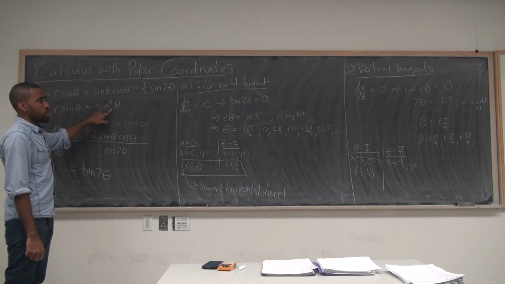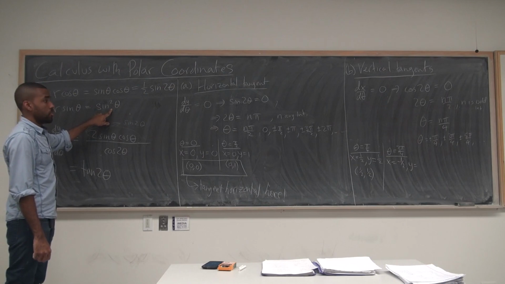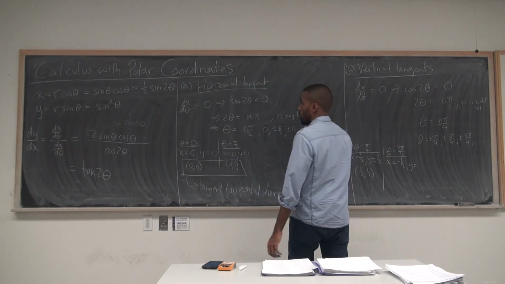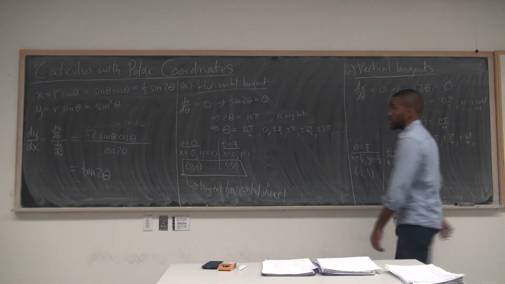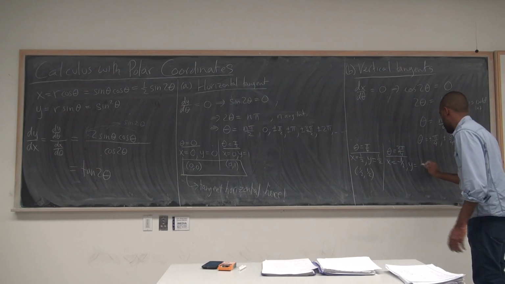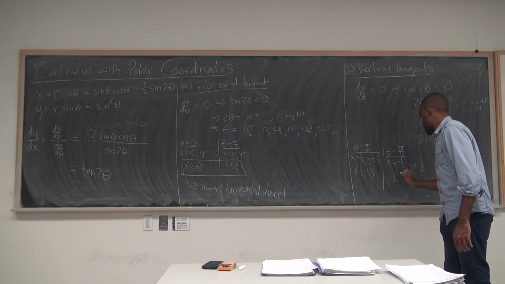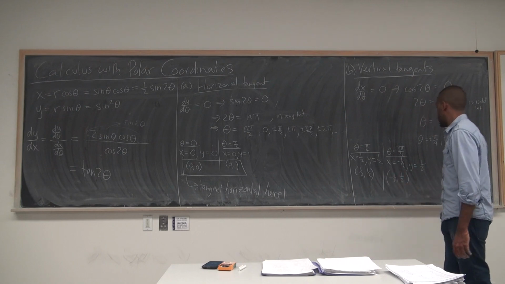Plug in 3 pi over 4 here. What do I get? 1/2 again, right? Because I get 1 over minus 1 over radical 2. So this is minus 1/2, comma 1/2 is the next point.